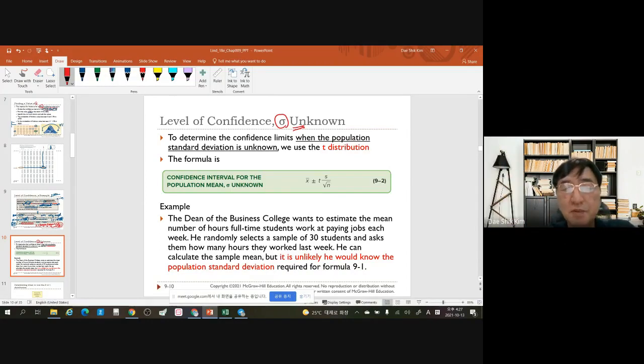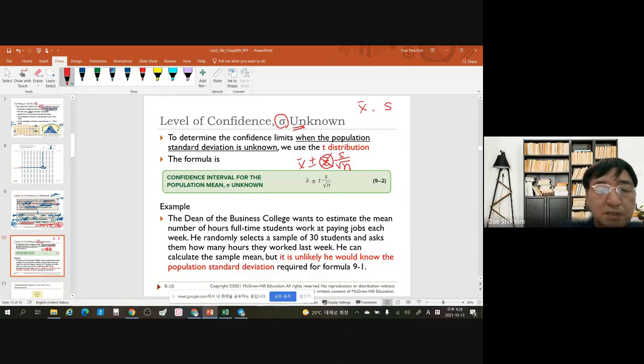But if we do not know that, we need to calculate x bar, the sample mean, and the sample standard deviation. You may say x bar plus z value times sigma over square root n, but in most cases, you cannot use the z value.